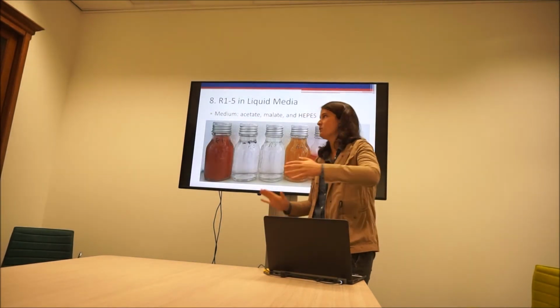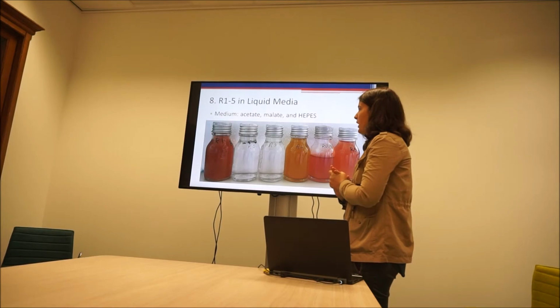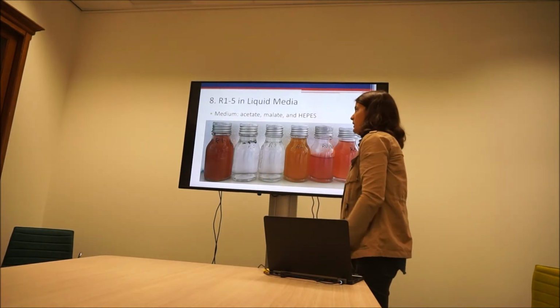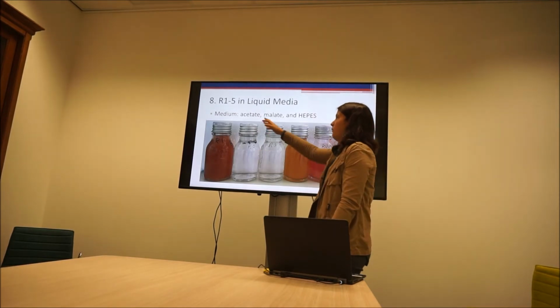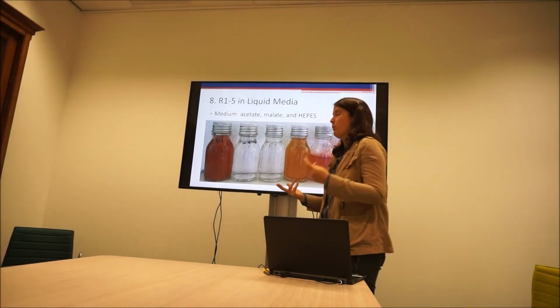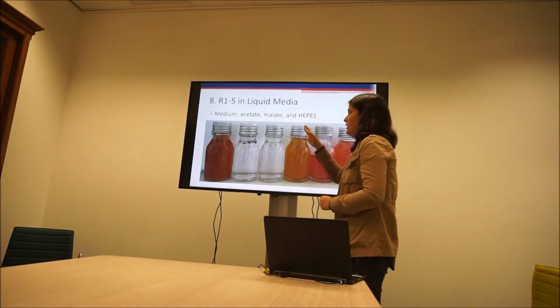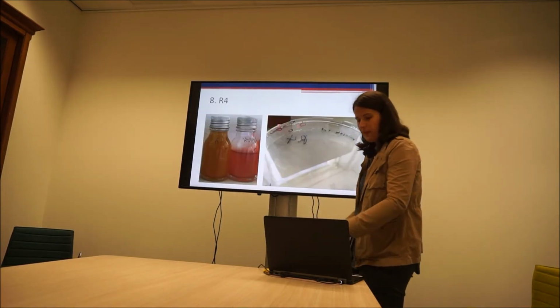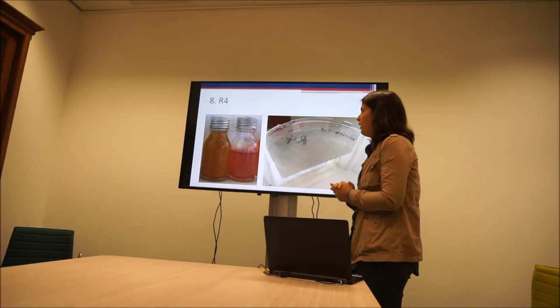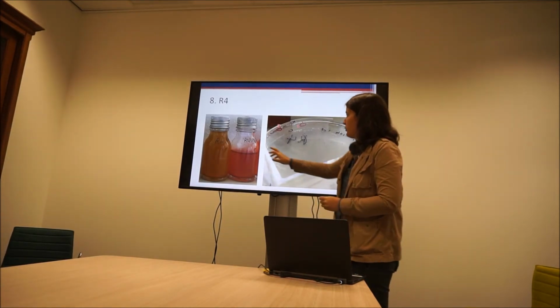And then for our next experiment, we wanted to look at how our 1 through our 5 would behave in liquid media. The media was based on acetate and malate, again, because we know that this bacteria would really thrive on them, and the HEPES buffer. The first thing I want to address with these liquid dilutions is R4.